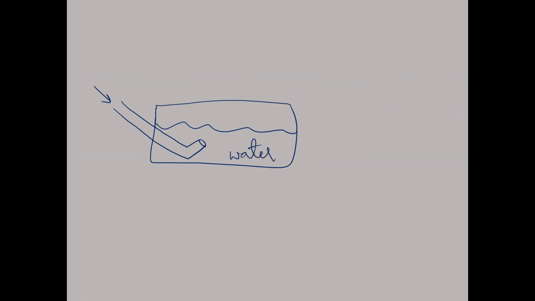Now we pass some dry gas through this tube. The gas bubbles will come out through the water, and the gas will be collected above the surface of the water.